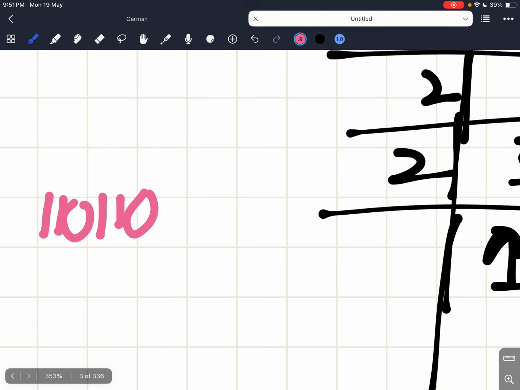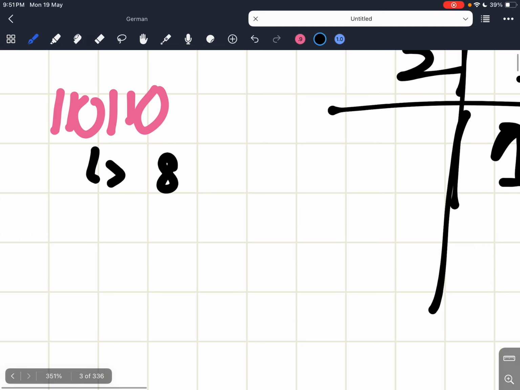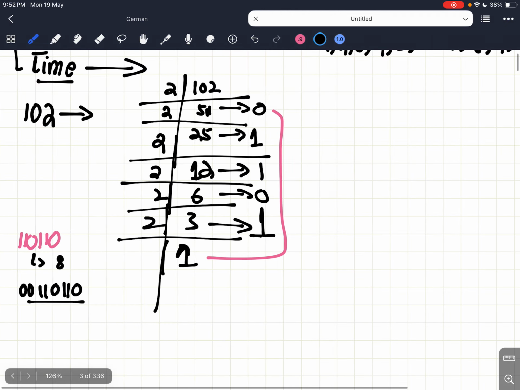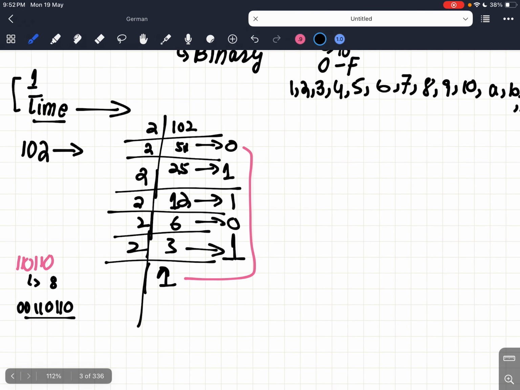But we should know that binary is usually written with 8 digits, and here we only have 7, so we just add zeros at the start because they have no value, just to complete the digits. That's how we do it. It's very easy, and that's how we are going to do it with hexadecimal as well.